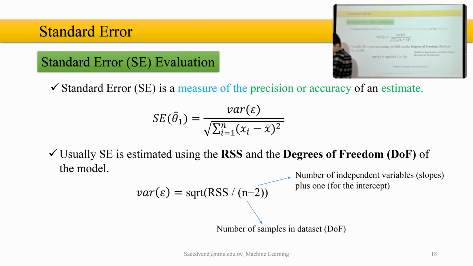If we have more, for example 5, we need to write 6 over here, n minus 6. This equation gives me the variance of the error that I have, then I put it here. That comes from the RSS. I could directly write the equation over there, then calculate the standard error for theta hat 1.